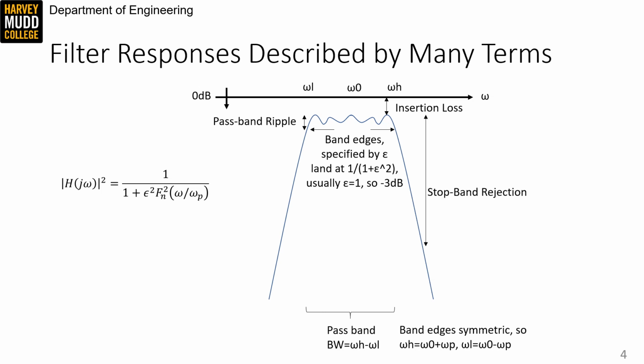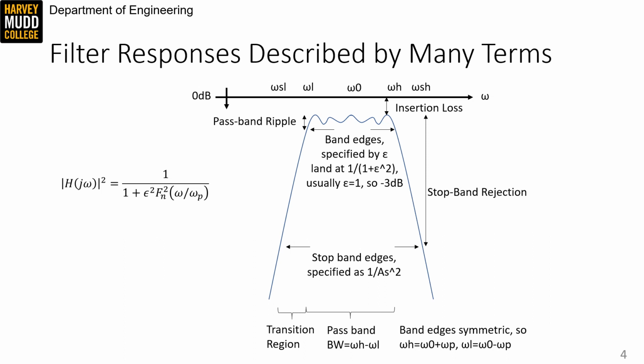You're free to pick how much rejection you want outside the passband, and that quantity is called the stop band rejection. You usually specify this with a quantity AS, so a stop band rejection of 20 dB would correspond to an AS of 10. Stop band rejection is measured relative to the top of the passband. The frequencies at which the transfer function reaches the stop band rejection are called the stop band edges, and we give them the symbols omega sh and omega sl.